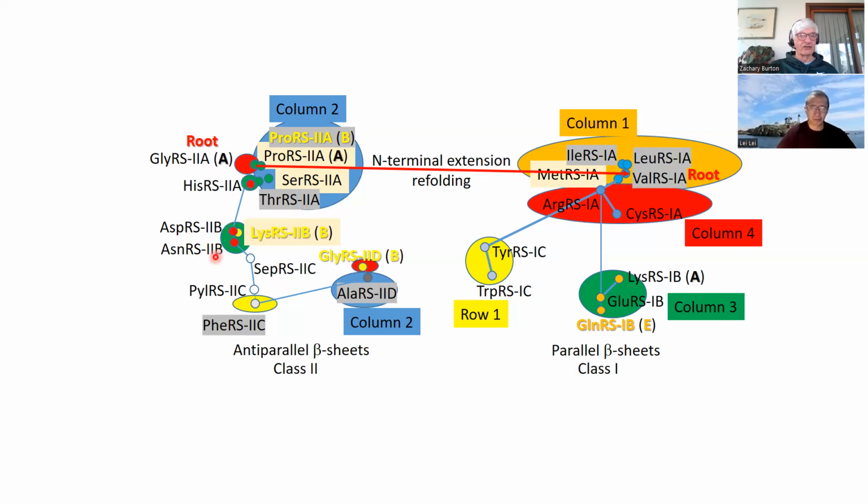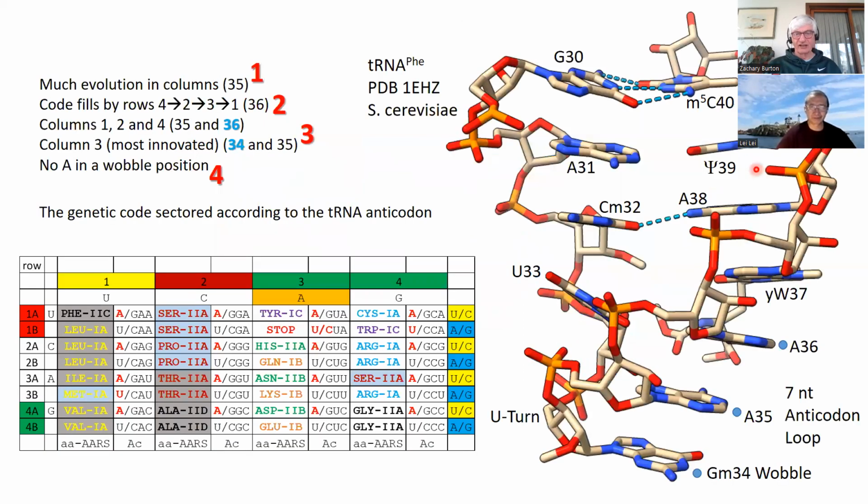So these three are in green, and these three are shaded green: LysRS, GluRS, and GlnRS. GlnRS is sort of like a modern eukaryotic innovation that's been distributed to prokaryotes, archaea, and bacteria by horizontal gene transfer. So I'm going to say that this pattern gives you back a lot of information about the patterning here.